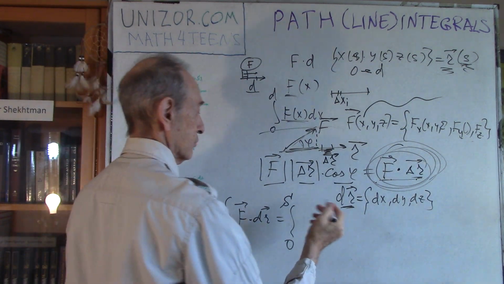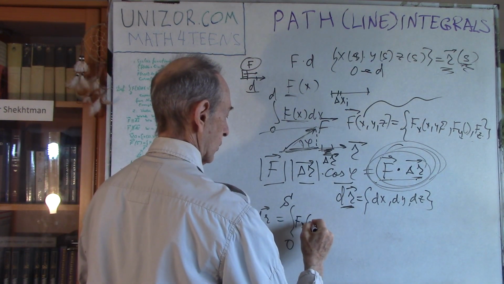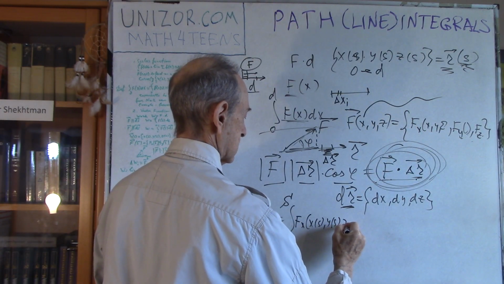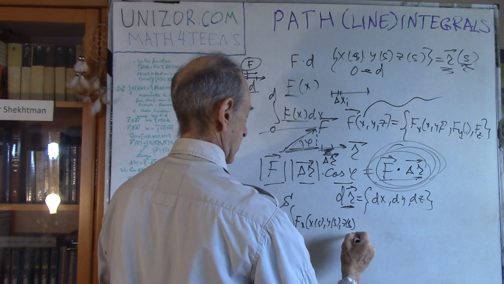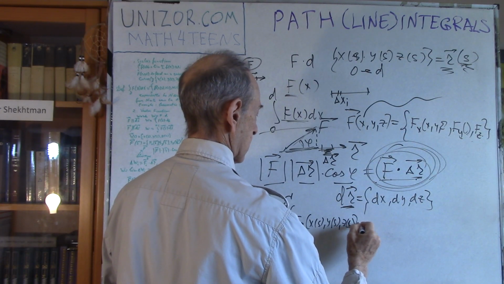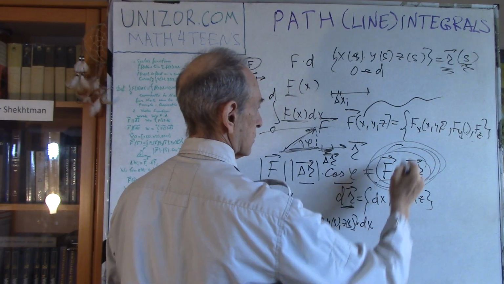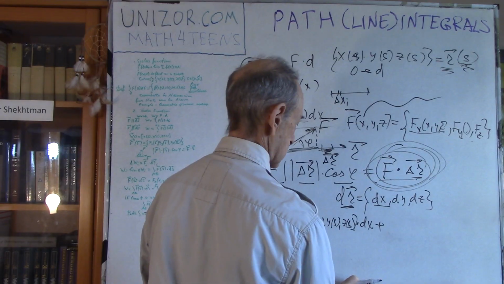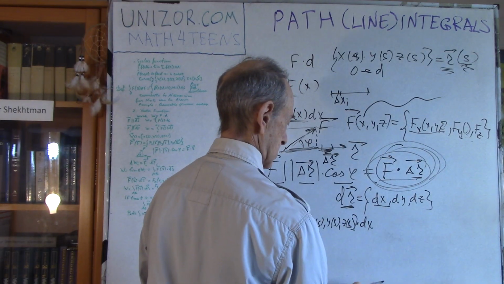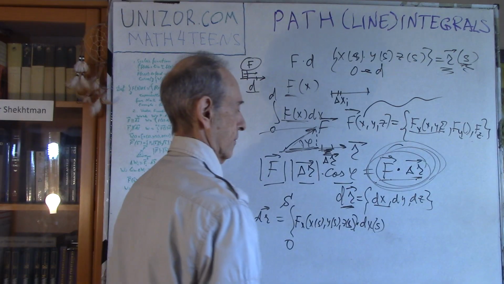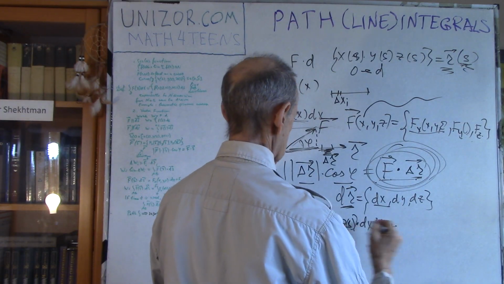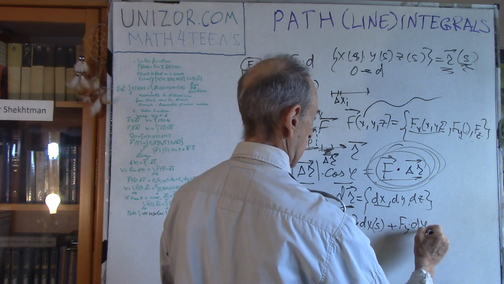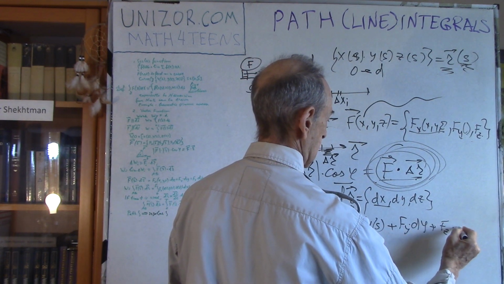And now I just have to do a very, very simple thing. f of x of s, y of s, z of s, times dx. So the first coordinate times the first coordinate, plus, and x also depends on s, right? Plus the second component fy times dy, plus fz times dz.